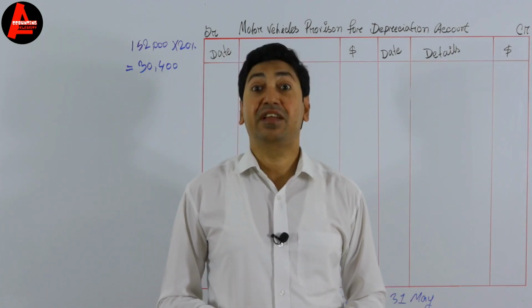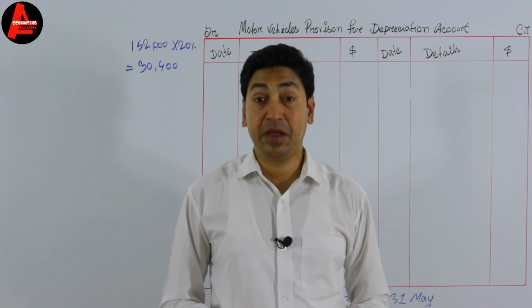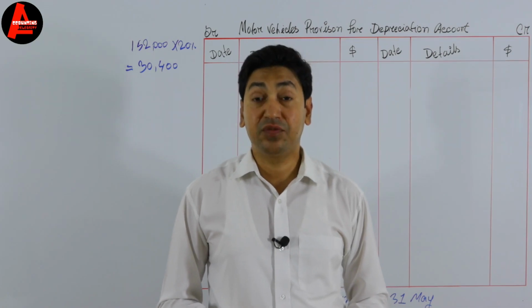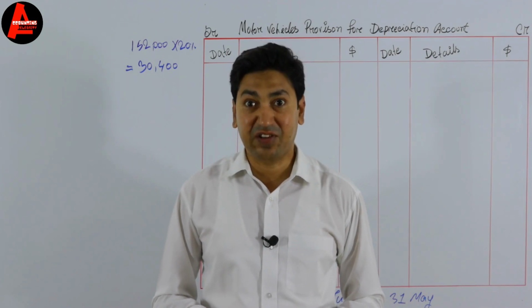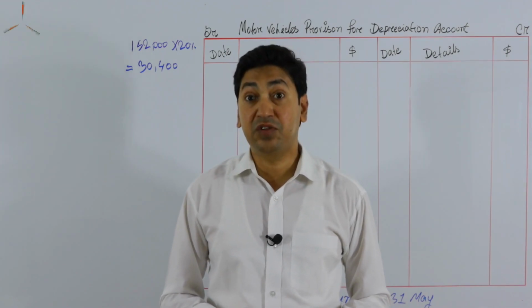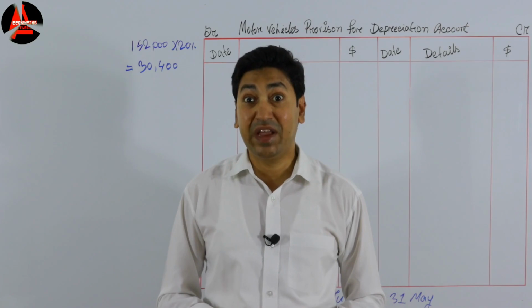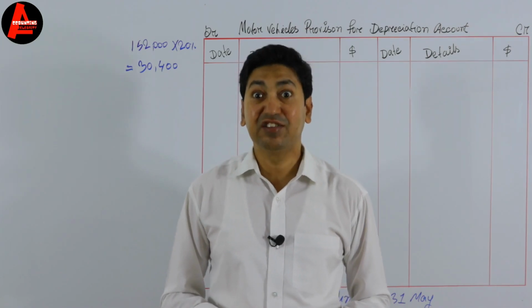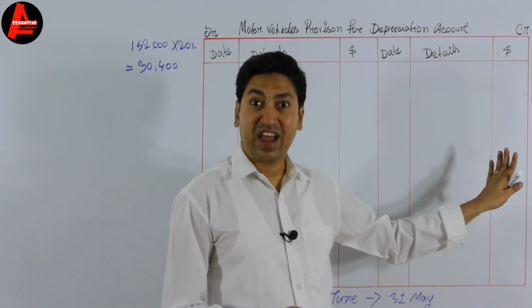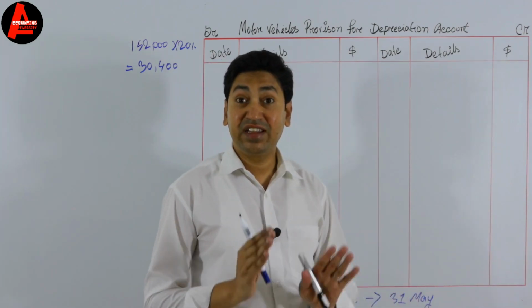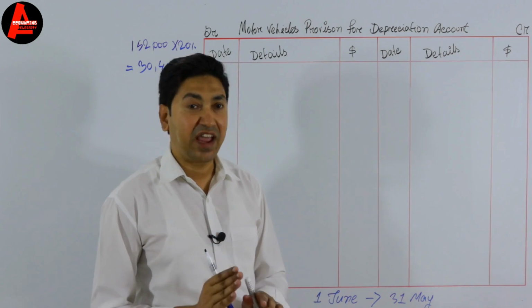Income statement to be debited, provision for depreciation account to be credited. So we will write on the credit side. Don't forget, this is always the same.